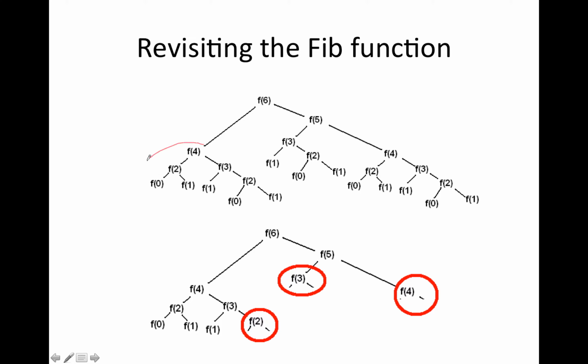Here we had calculated f of 4, and again for f of 5 we have the same tree being calculated again. And this approach of every node having two children is what gave us our 2 to the power of n complexity.